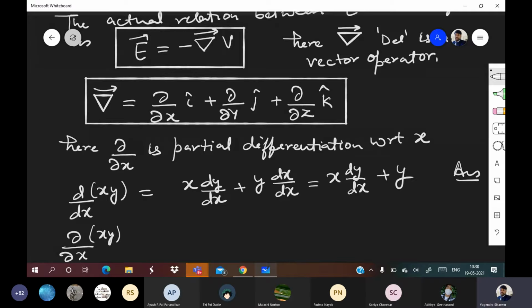And in the second case, it will be x into dou y by dou x plus y into dou x by dou x, and that gives you 0 plus y.